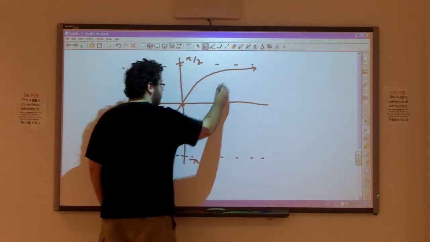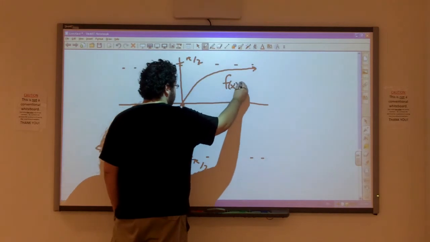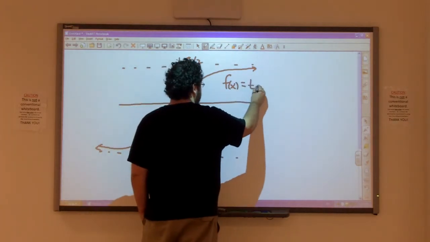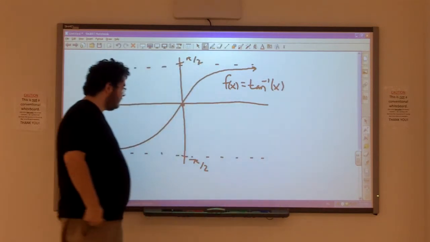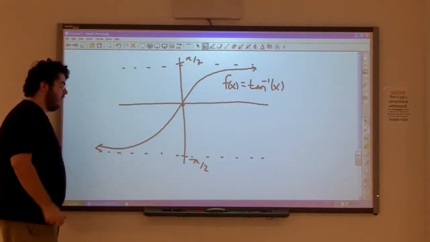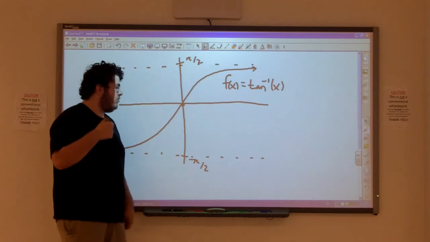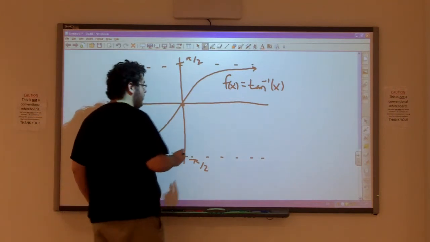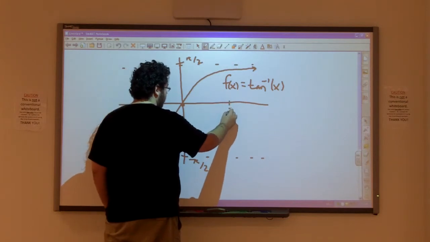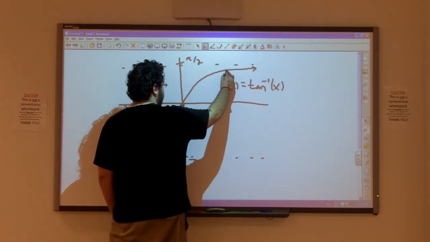And this is f of x equals tangent inverse of x. So if you were to say, what angle has the tangent of 3? You would just plug in 3, go up to the value, and find it.